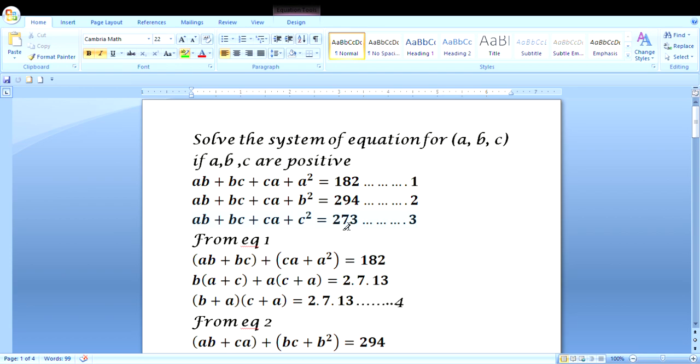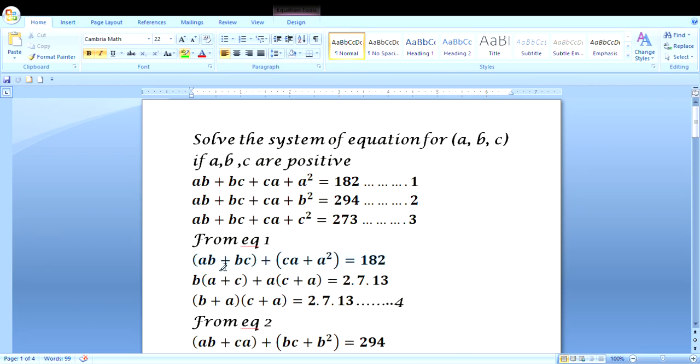Okay, now all we need to do here is to see how we can factorize them first and carry out some form of simplification. Say from equation 1 we can group the terms as AB + BC + CA + A² = 182.